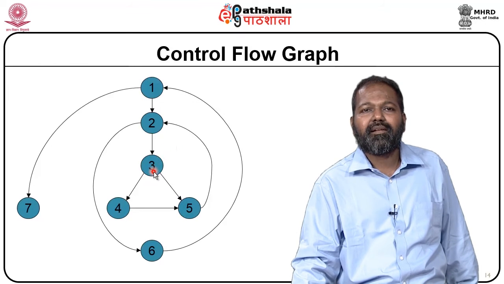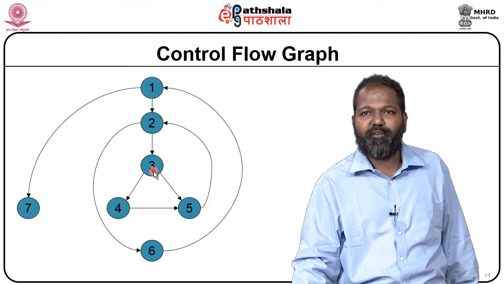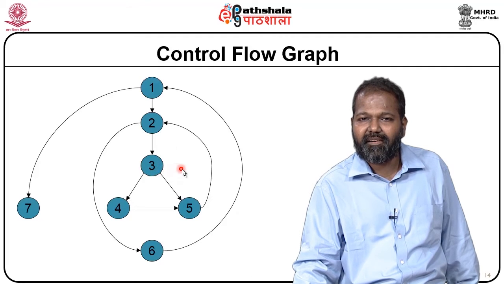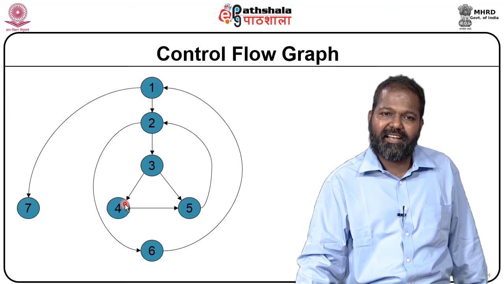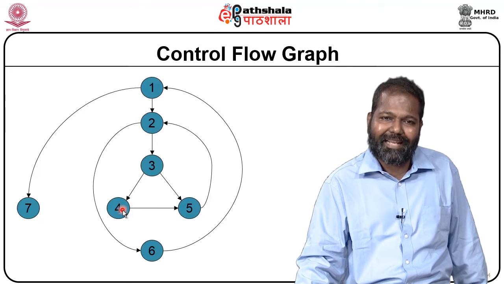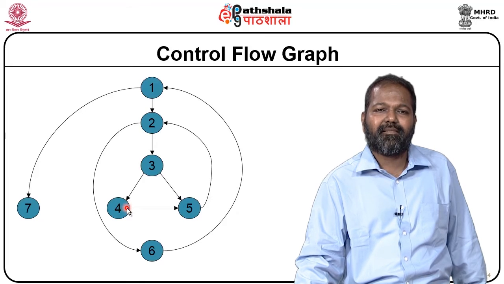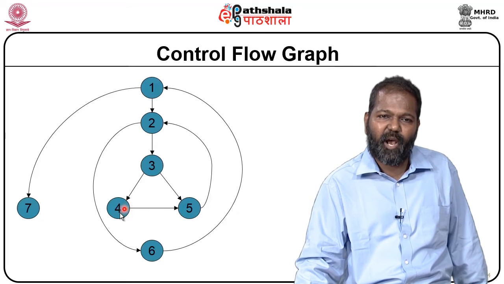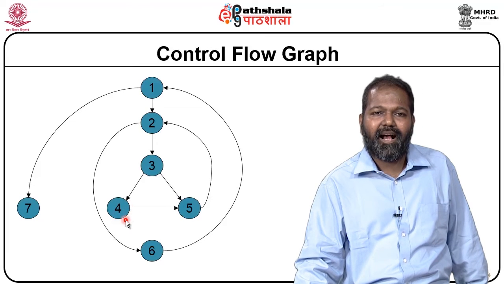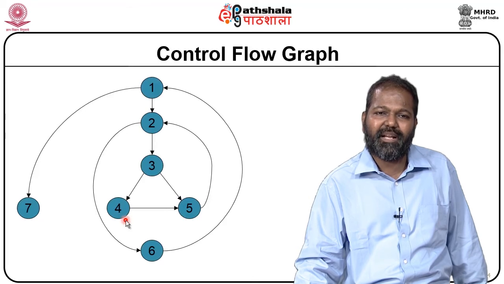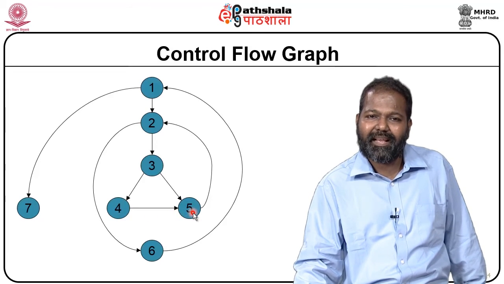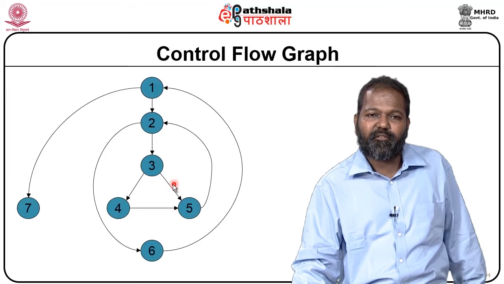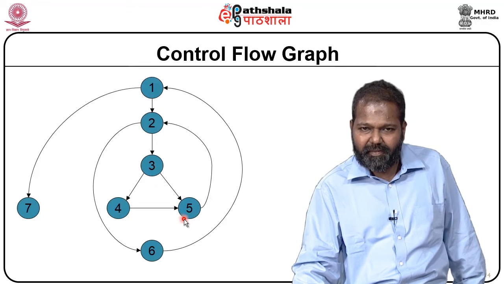I have the condition if a[i] greater than a[j]. If the condition is yes, I assign a[i] to a temporary variable t, then assign a[j] to a[i], then assign the value stored in temporary variable t to a[j], then the j loop is incremented. If it is false, the j loop is incremented.